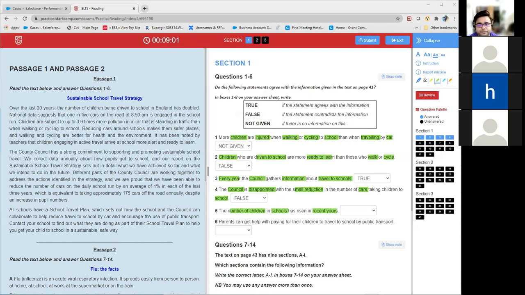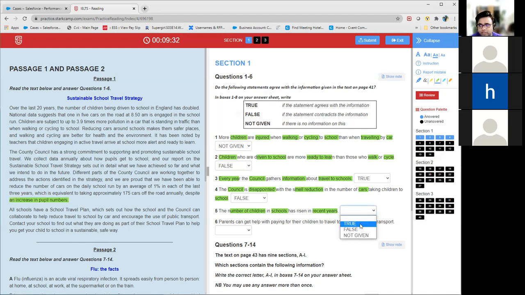Yes, sir. It's true. Why? Second para, last line. Yeah, but in the third para, despite the increase in pupil numbers, that's because it's true.